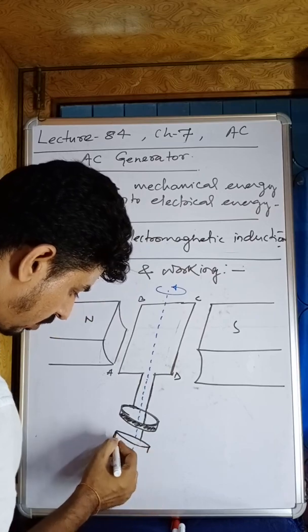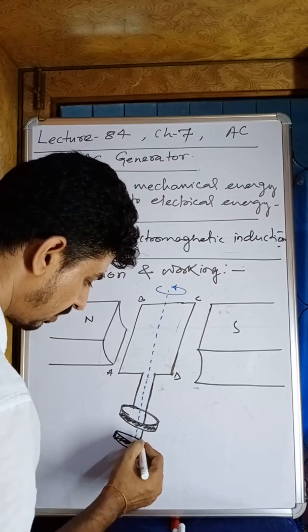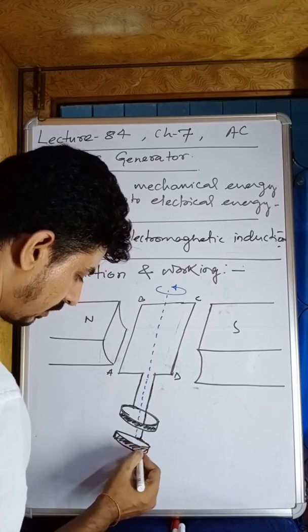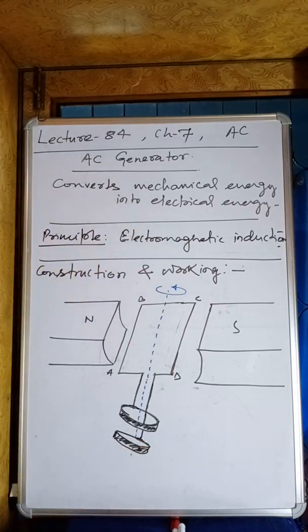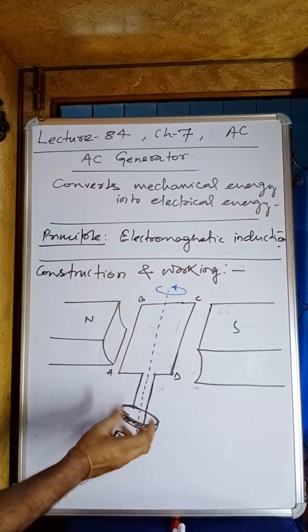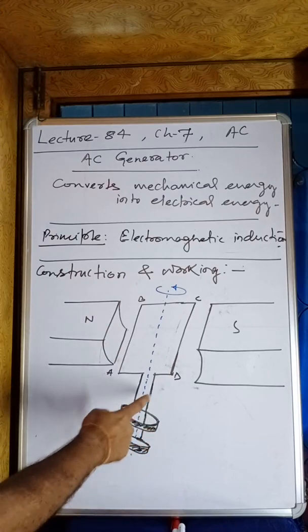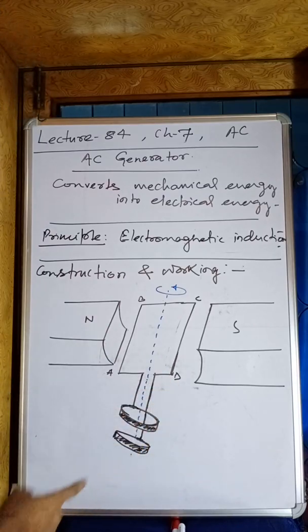In this way. This is also a slip ring and it is connected over here. I hope you are very clear. Now, as this total armature coil will rotate, remember both the rings will rotate and both the sections will rotate, but this end which is coming from D is not touching any one of the rings.